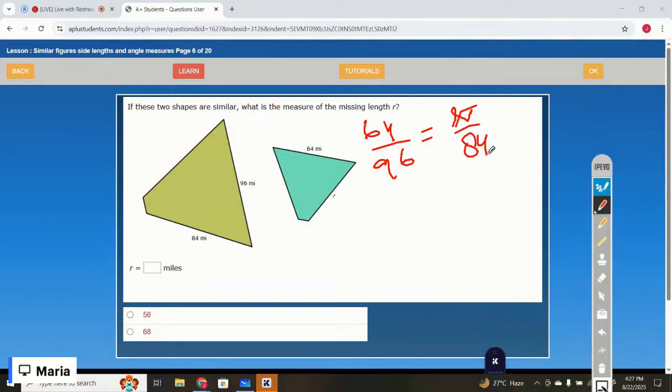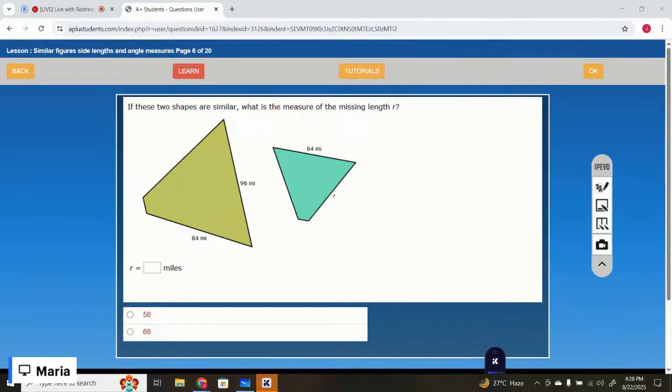So R equals 64 times 84 over 96. 64 times 84 is 5,376 divided by 96. So 56 it is. Option number 1 is the correct option.